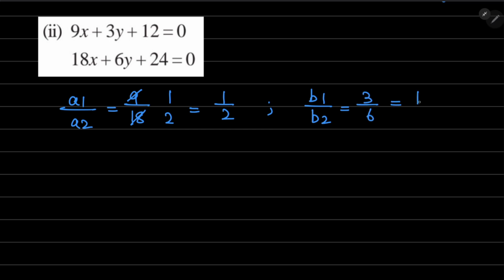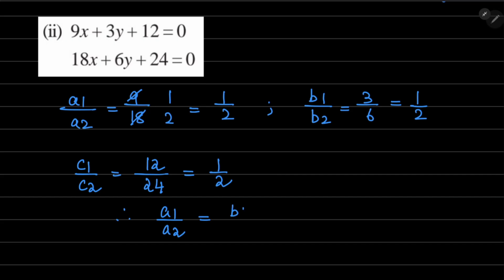Again, 3 ones are 3, 3 twos are 6, so 1 by 2. And what's your c1 by c2 ratio? It is 12 divided by 24, again 1 by 2. So here, a1 by a2 is equal to b1 by b2, which is also equal to c1 by c2.